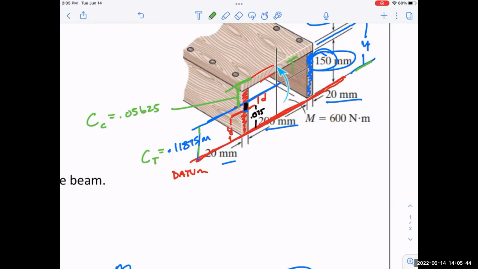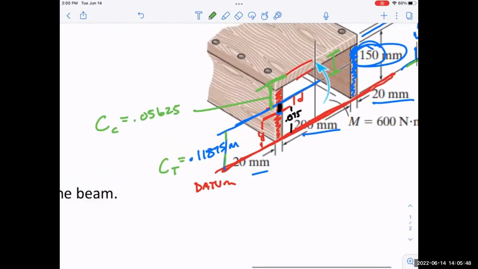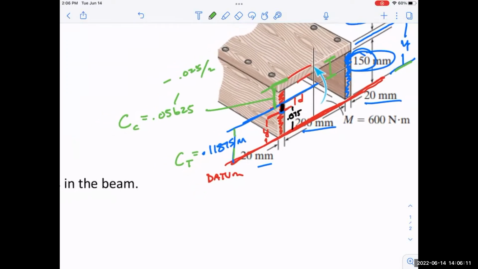Yeah, it's like the center of that down, right? It's the center of that down. So if I took this number and subtracted half of 0.025, which is 0.0125, if I took 0.0125 away from 0.05625, I get 0.04375, which coincidentally is the same number we just got a minute ago.